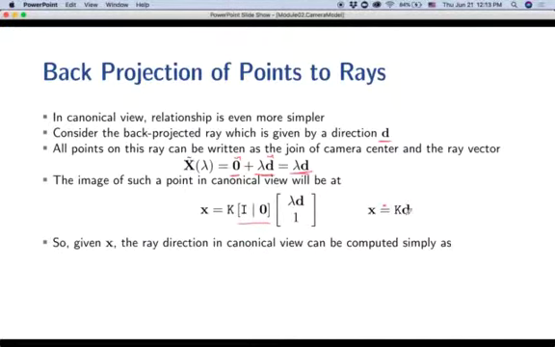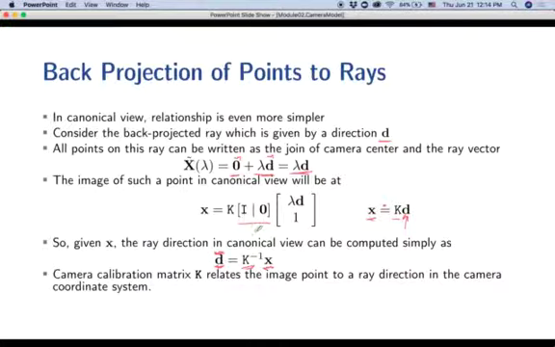If I'm given an x, and my camera is calibrated, I'm given my K, and I want to find that direction D in the world, I can just now invert this. I can say D is equal to K inverse x. Okay, which will be a 3 vector, because this is a 3 by 3 entity, this is a 3 by 1 entity, but this 3 vector is really a vector in R3.